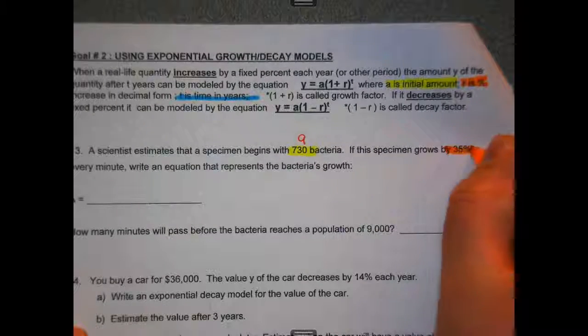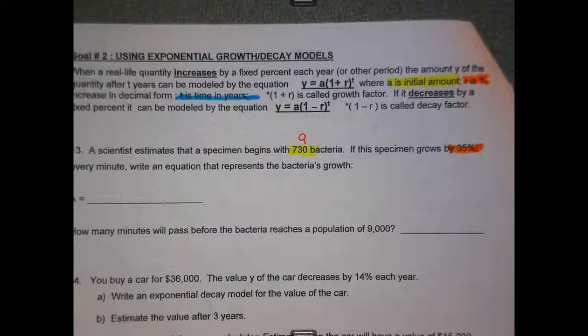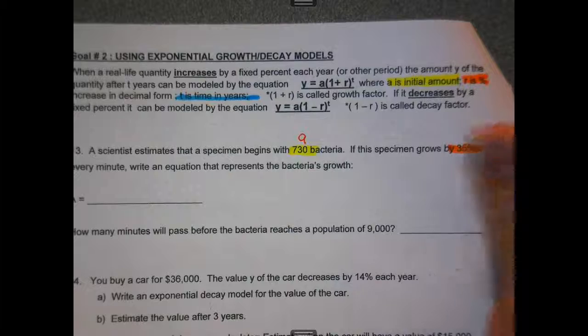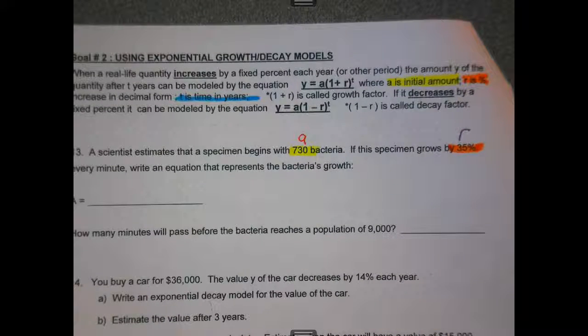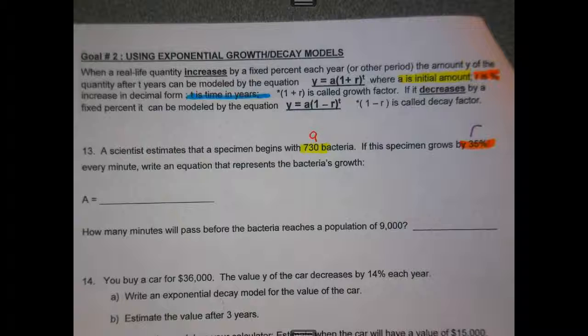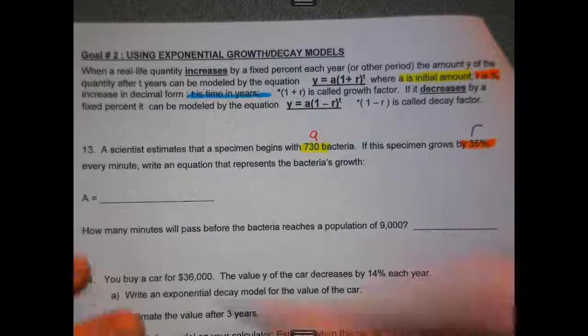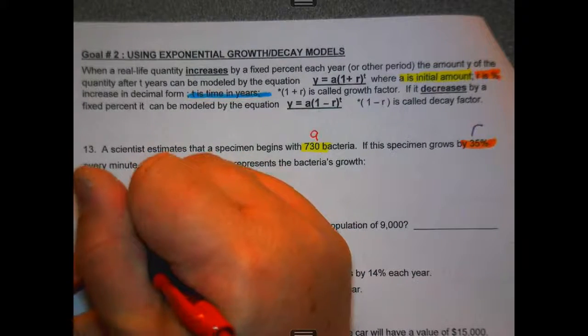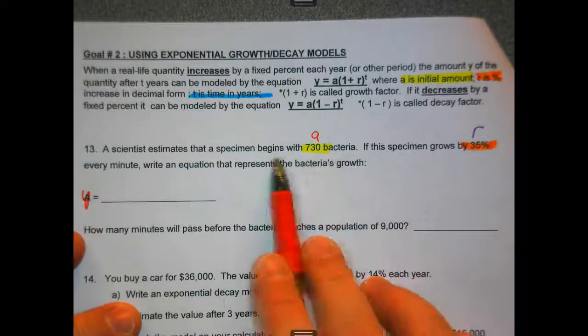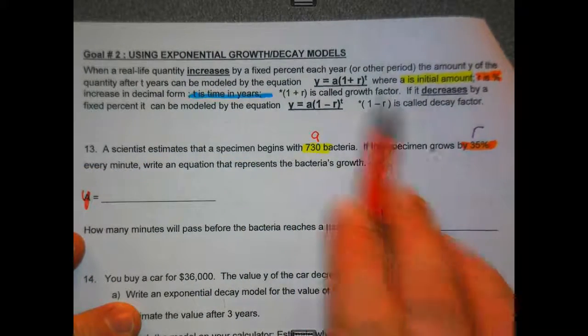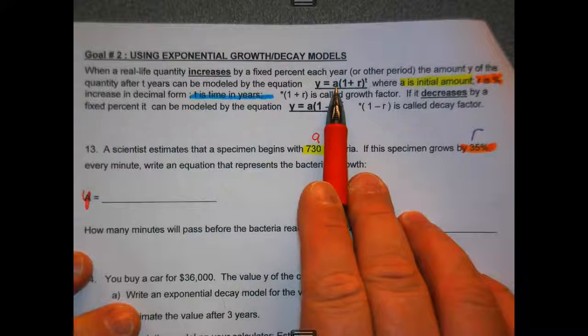R, I'll make it purple. Every minute, write an equation that represents the bacteria's growth. All of a sudden, they're changing our Y's to a capital A. I don't like that. Put your Y there. So Y equals, it's growth, right? Grows. So we're going to use this top one.